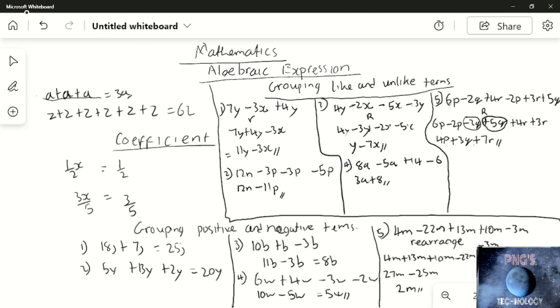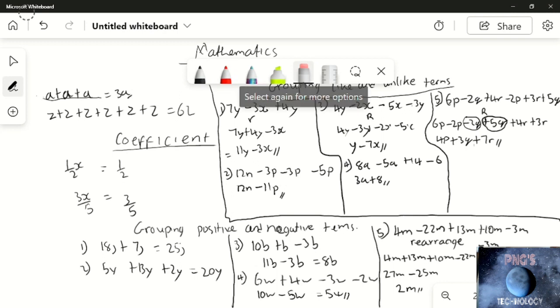Sorry. Okay, so let's continue. Now we're moving into the complex part of algebraic expressions. All we'll be doing is a scratch of what we're about to dive into. So stay tuned and ensure you write any of your questions in the comment section below.